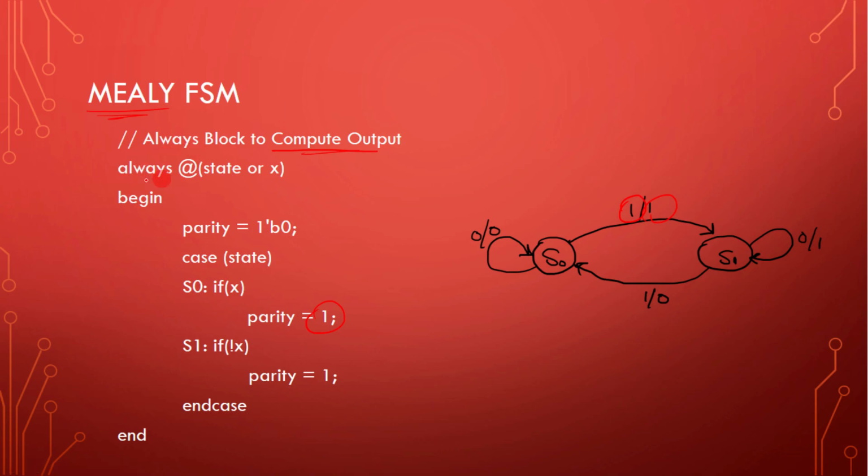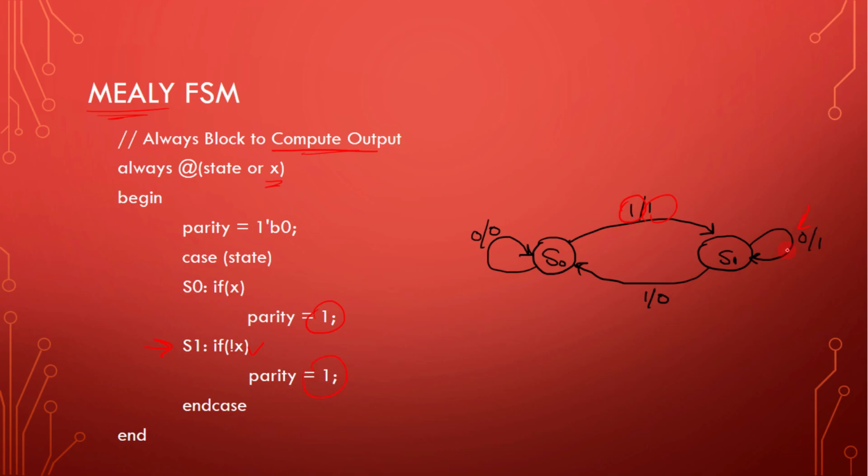Concurrently, your next state combinational logic has updated its state from S0 to S1 in this case, and next time when this always block or cyclic behavior will execute, this condition will be true, and let's suppose your output is 0 in this case. So this if condition will be true and your output will be 1.